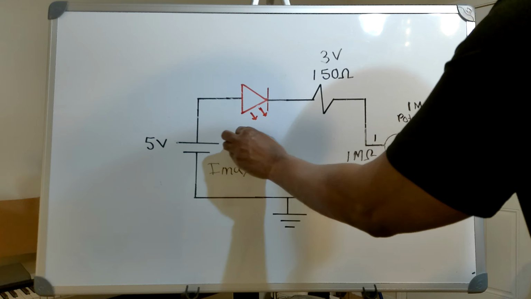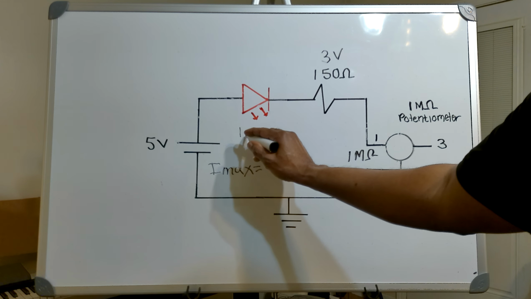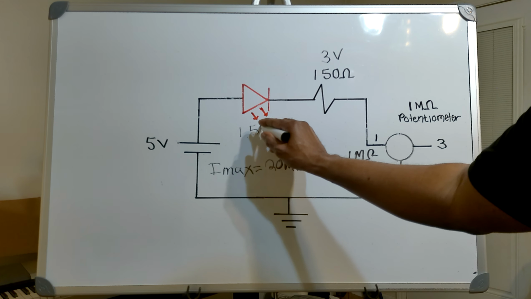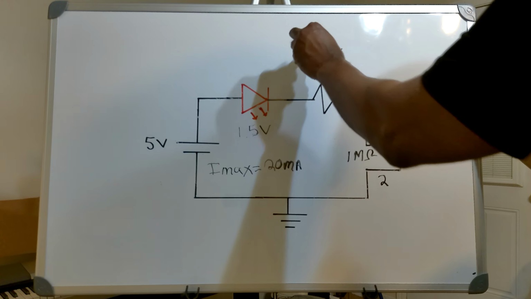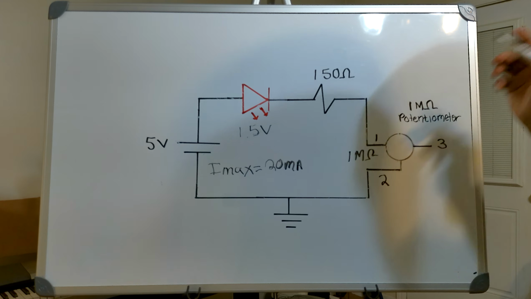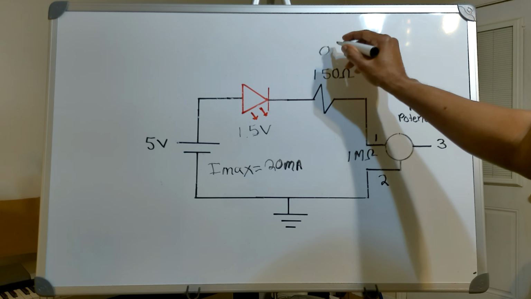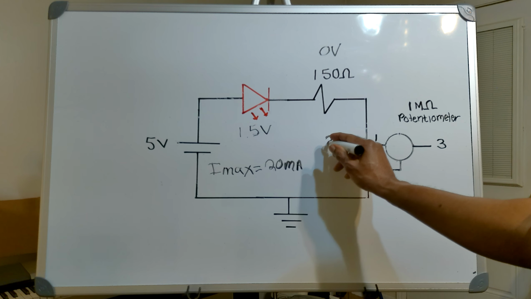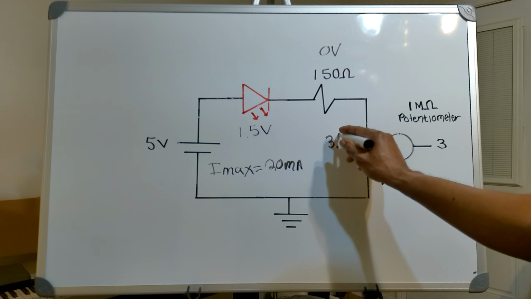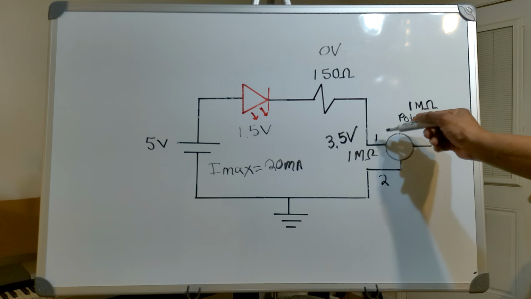Now I will have 1.5 volts across my LED, and about 0 volts across my resistor, and about 3.5 volts across pins 1 and 2.